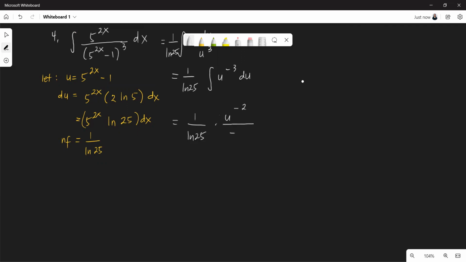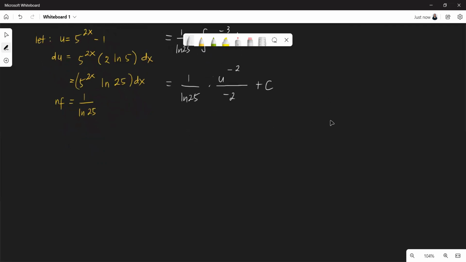So divide this by negative 2, then plus c. Or that's 1 over negative 2 ln of 25, times u squared. So I'm transferring the u below.